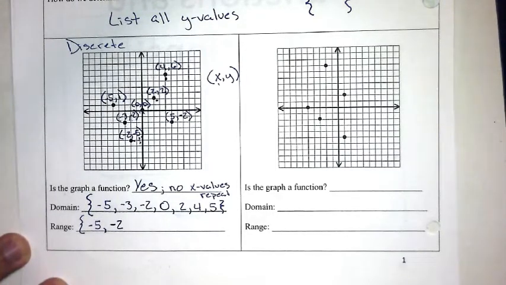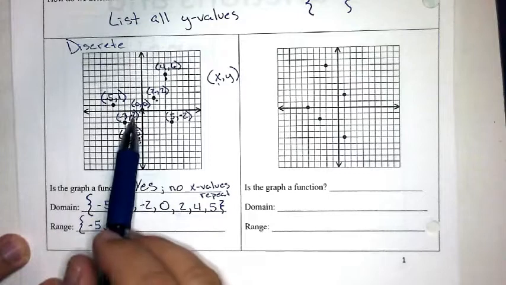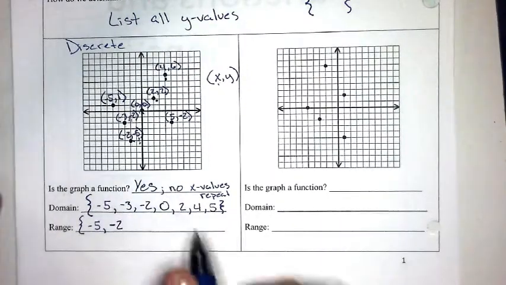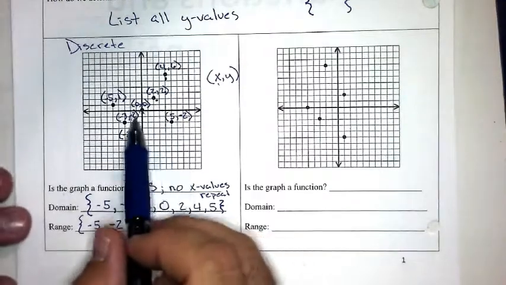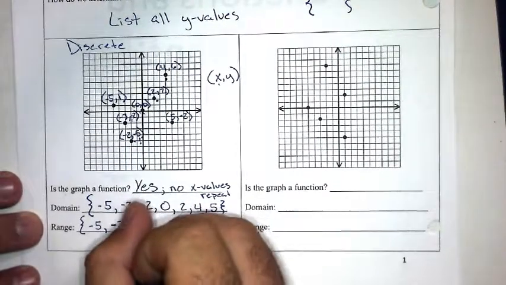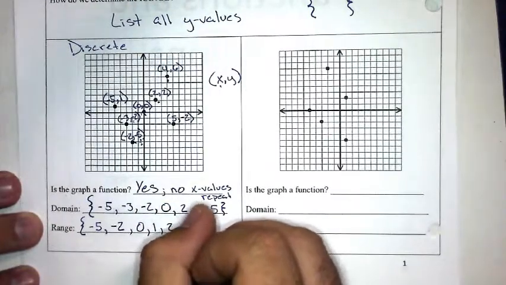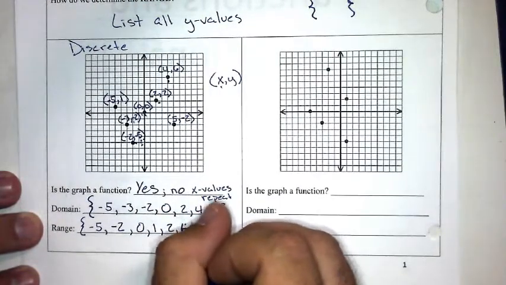They want to do the least amount of work possible. I already have a -2. Why do I want to write 2 of them? I'm just going to write 1. My next one would be 0. And then help finish it out. 1, 2, and 6. I almost wrote 4. And there you go.